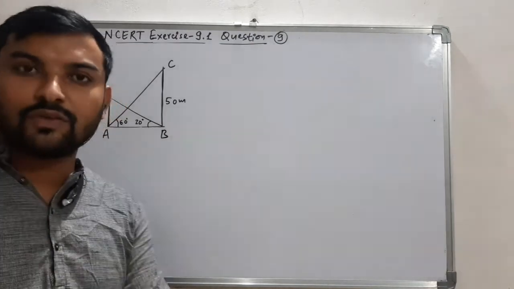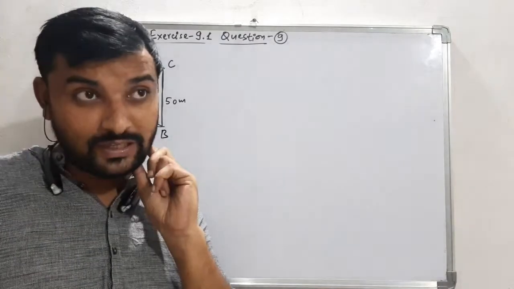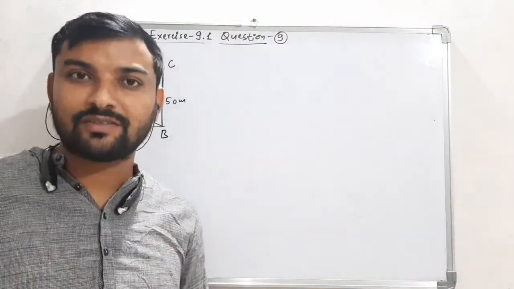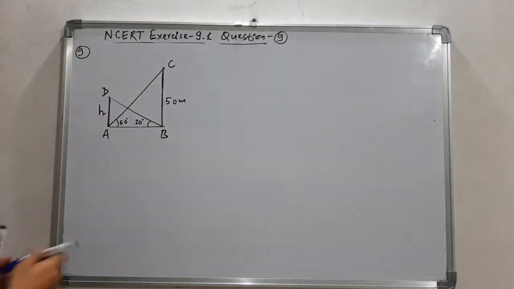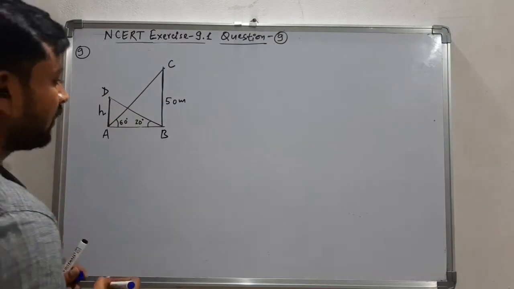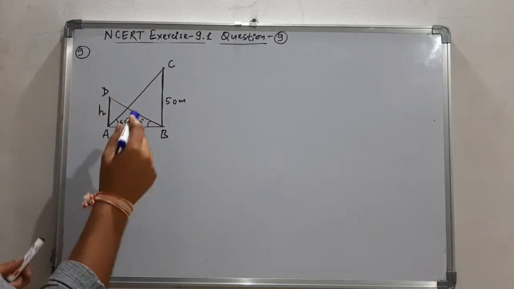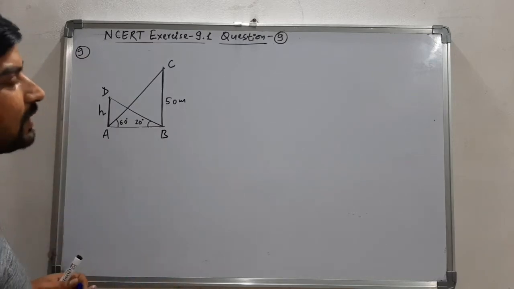So let us come to this question number 9 here. In this question, we have two different objects standing on the ground. First object is a tower which is BC here and the building which is AD. The height of the tower is 50 meters and we have to calculate the height of the building.